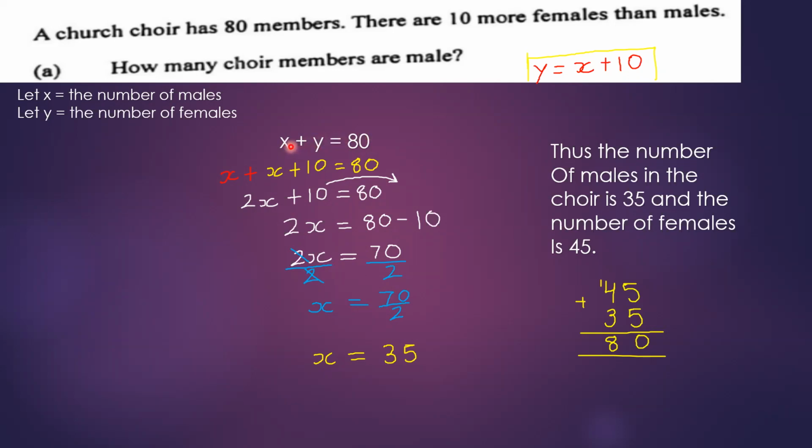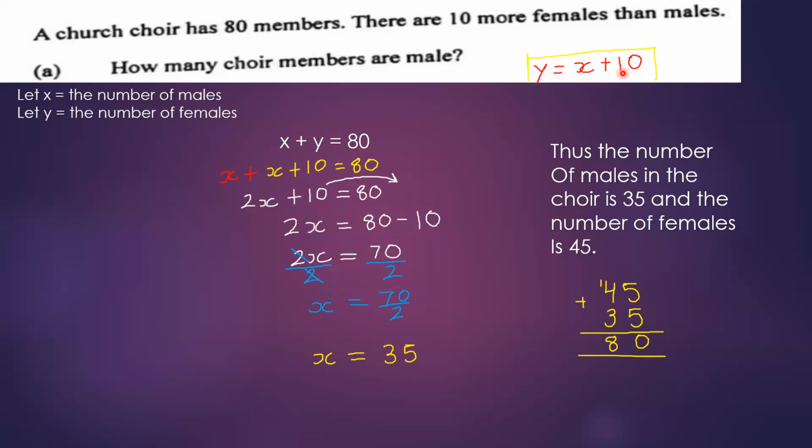But you understand the first line? Okay, good. x plus y is equal to 80, which means the number of male students plus the number of female students is 80. But we know that y is equal to x plus 10, because the number of female students is going to be the number of male students plus 10.